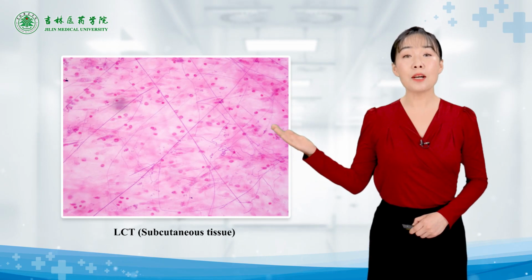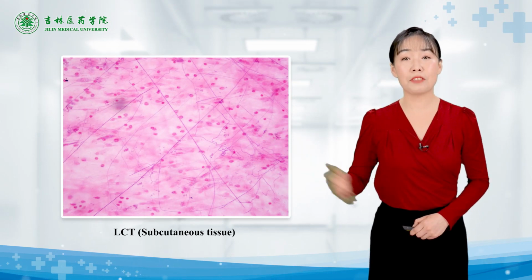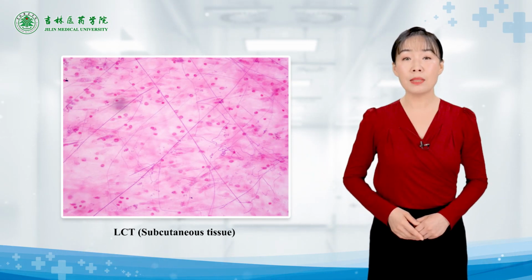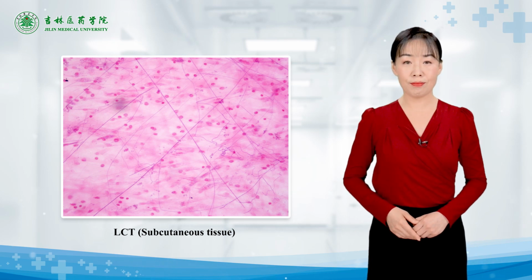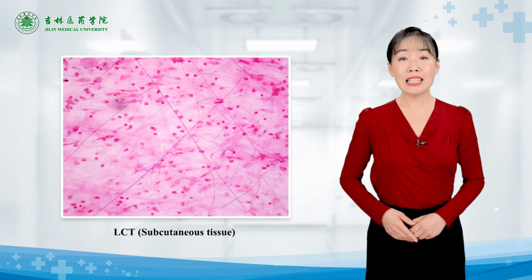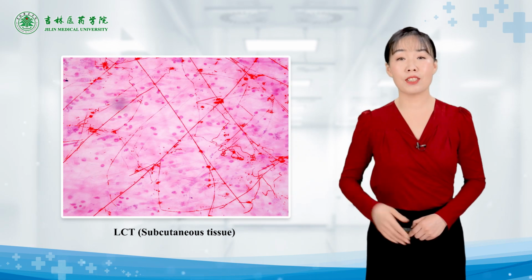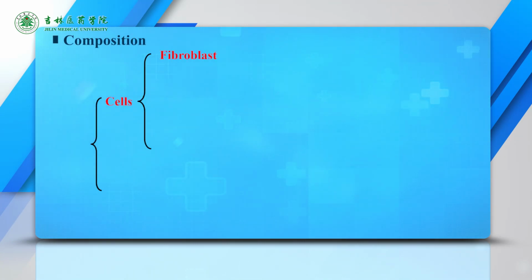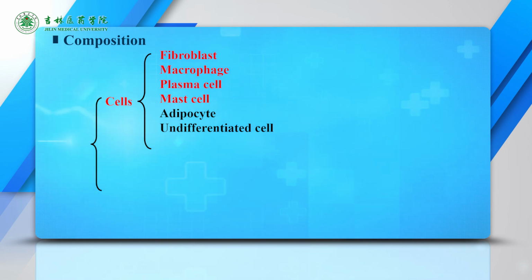This is the light micrograph of loose connective tissue obtained from subcutaneous tissue, stretched preparation. We can see the cells and the fibers. Composition: cells, including fibroblast, macrophage, plasma cell, mast cell, adipocyte, and differentiated cell; leukocytes are usually present in the tissue.